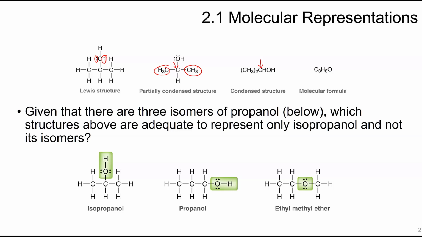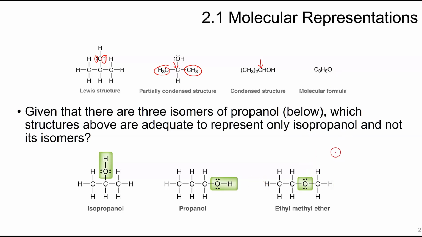So given that there are 3 isomers of propanol, which structures above are adequate to represent only isopropanol and not its isomers? This is the structure of isopropanol. We have a CH3, CHOH here, CH3, and then this is propanol. This tells you that there's 3 carbons bonded to the oxygen, and then we have ethyl methyl ether. So the molecular formula here can describe all 3 of these things.